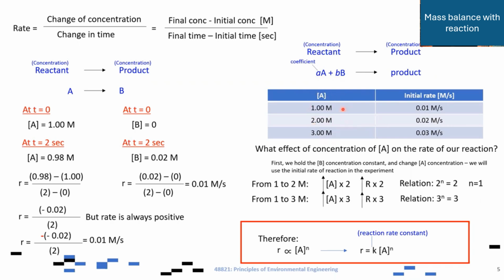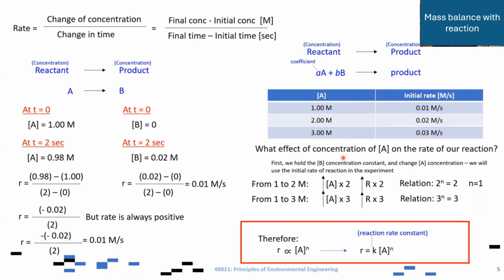And then the initial rate of reaction you can also get from the experiment. So you get 0.01 molar per second for 1 molar. For 2 molar, it becomes 0.02 molar per second. For 3 molar, it becomes 0.03 molar per second, while we are maintaining the concentration of B as constant. So only A is changed.